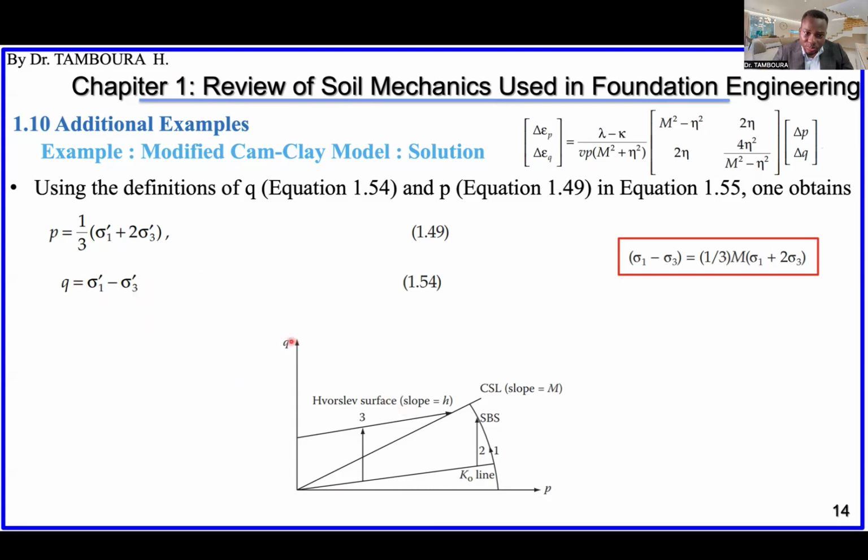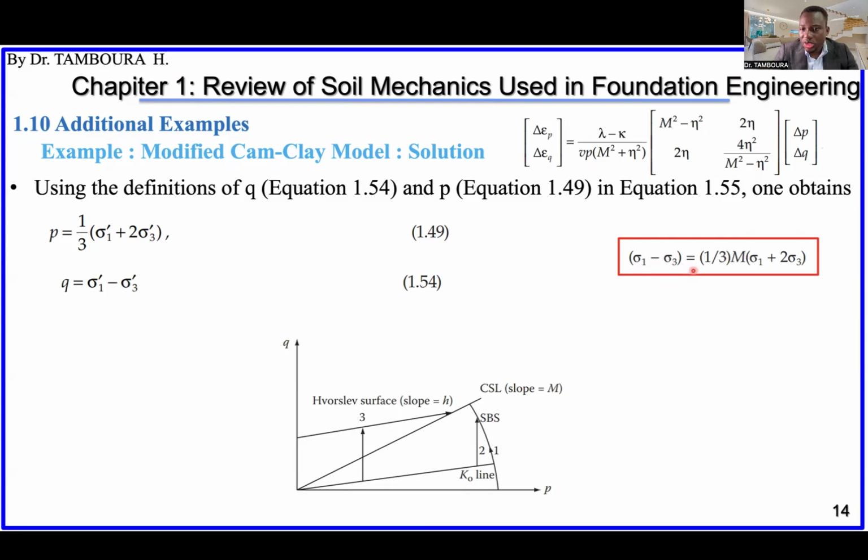So instead of P and Q, you can just write these two here: 1/3 of sigma prime 1 plus 2 sigma prime 3. So M is just the slope of these two. Okay, you can obtain the M very easily by considering this relationship.